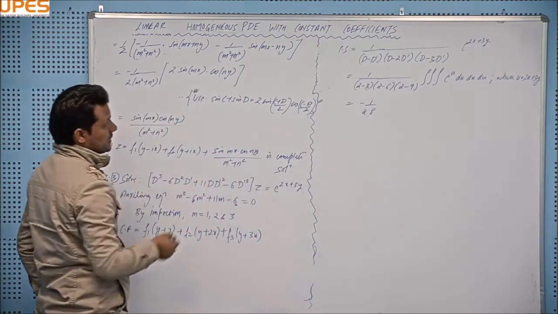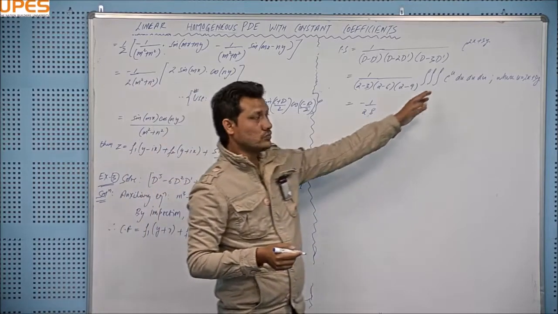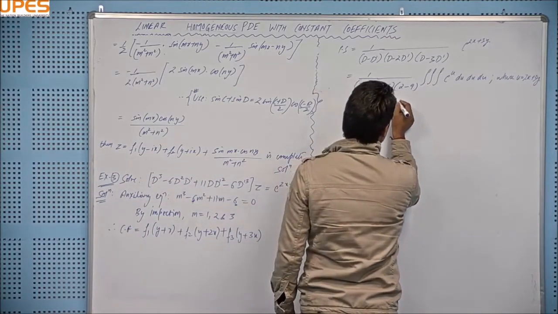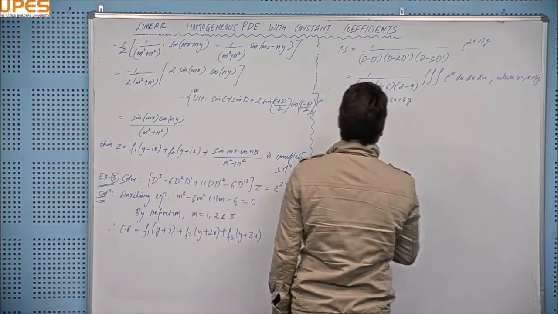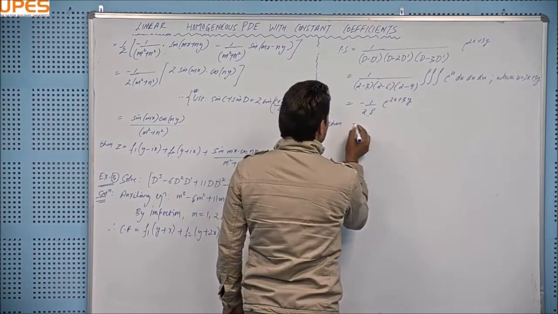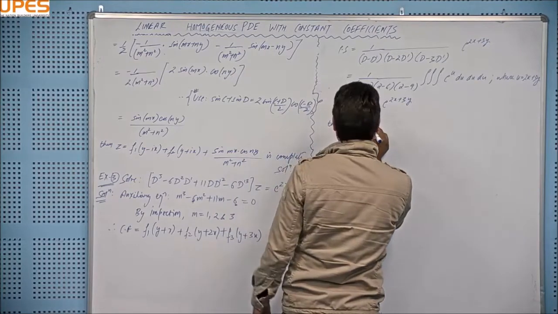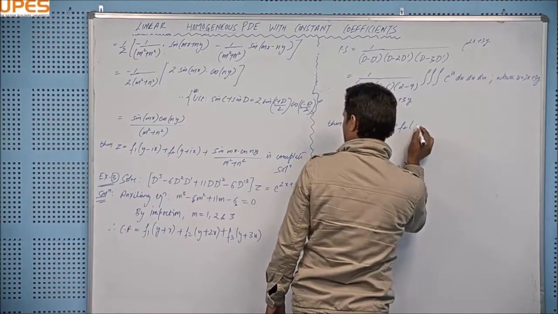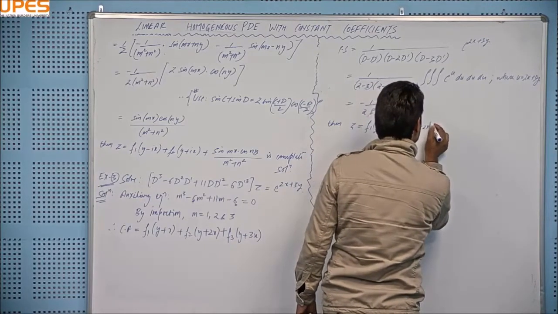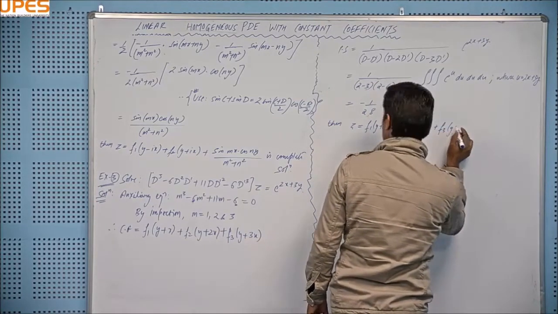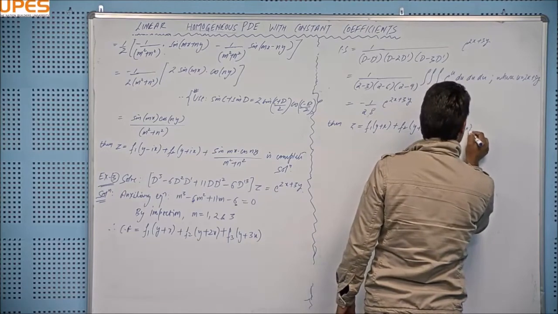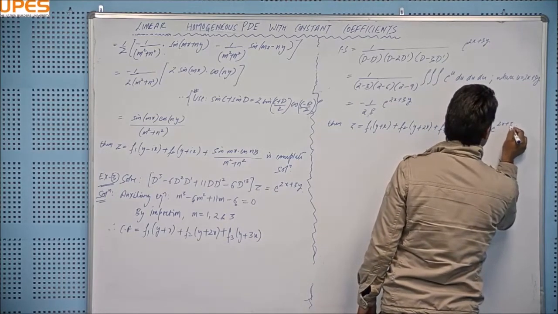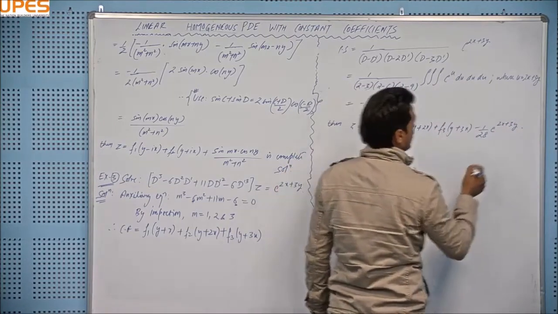And integration of e to the power u thrice will give me e to the power u, and u is replaced by 2x plus 3y. Then the solution will be z is equal to f1(y plus x), f2(y plus 2x), f3(y plus 3x) minus 1 by 28 e to the power 2x plus 3y is the solution.